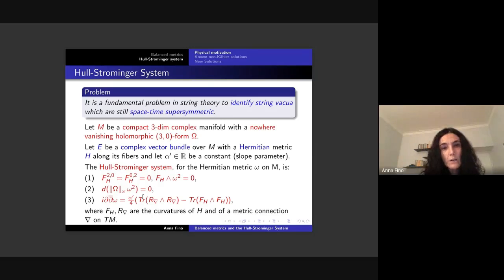Again, here we consider R nabla essentially as a form with values in endomorphisms of T^{1,0}. So the equation is in some sense coupling the two curvatures, and it is the more important equation for the Hull-Strominger system.